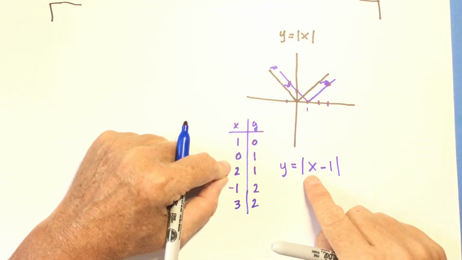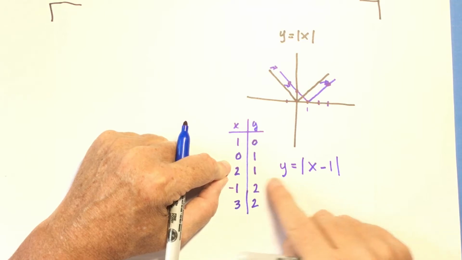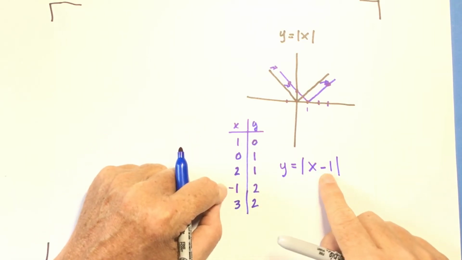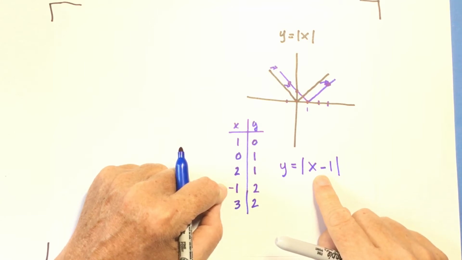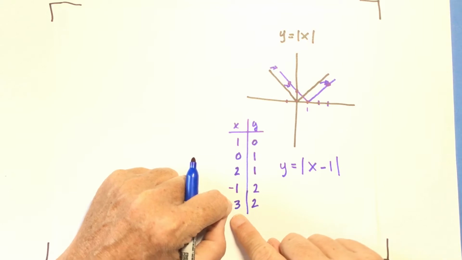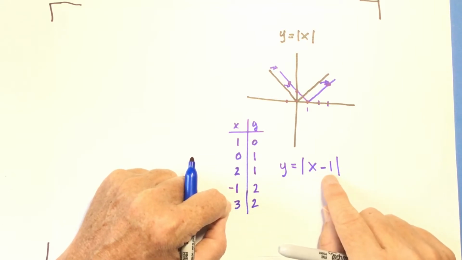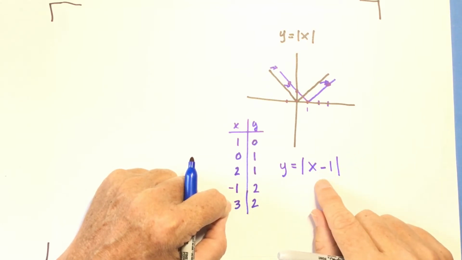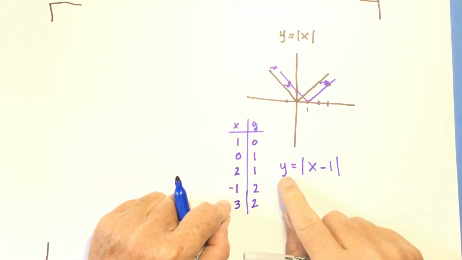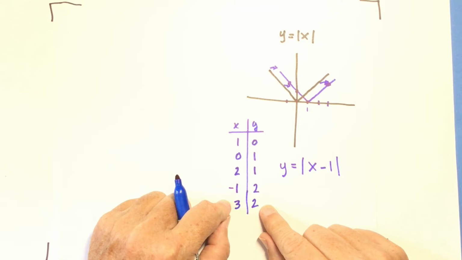If x is 2, 2 minus 1 is 1, and the absolute value of 1 is 1. If x is minus 1, minus 1 minus 1 is minus 2, and the absolute value makes it a positive 2. And if x is 3, 3 minus 1 is 2, and the absolute value of 2 is 2.